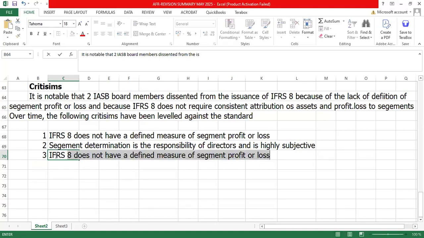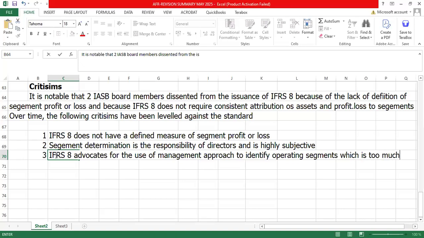IFRS 8 advocates the use of the management approach to identify the operating segments, which leaves too much to the discretion of management reporting.